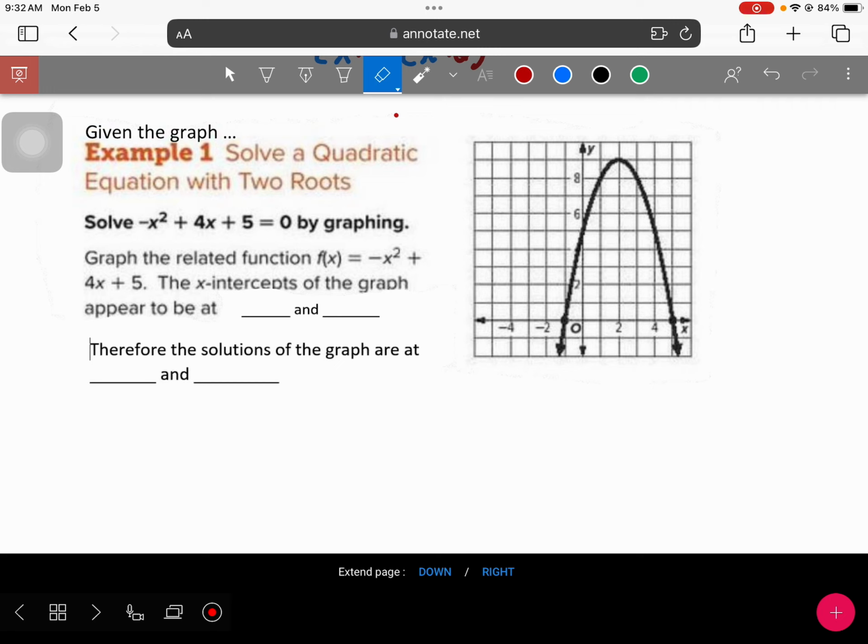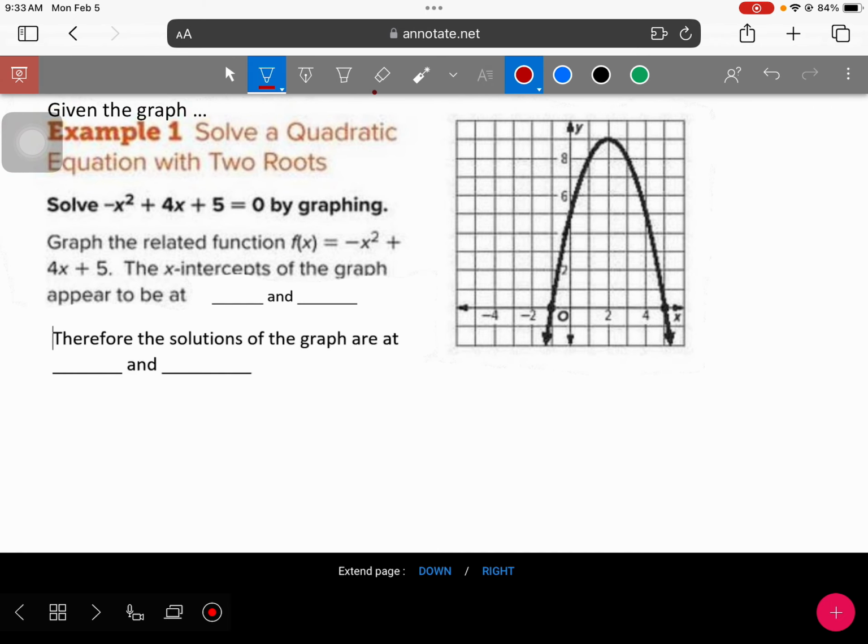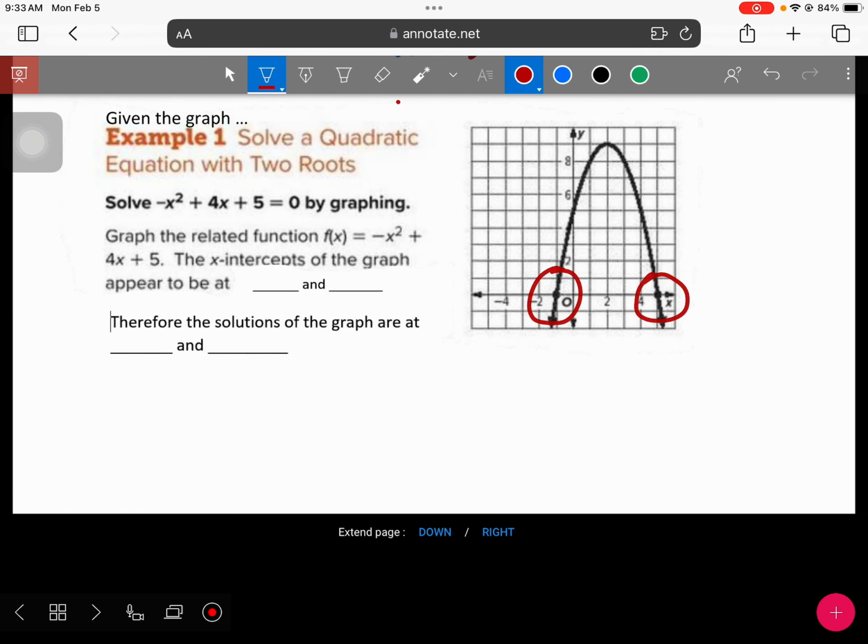Graph the related function. The x-intercepts of the graph appear to be at what two values? Could you circle them? Please circle the x-intercepts at this time. And as you circle those, what do they appear to be? -1 and 5.